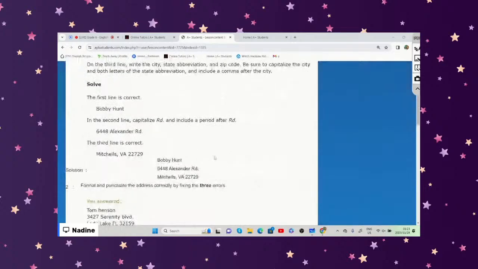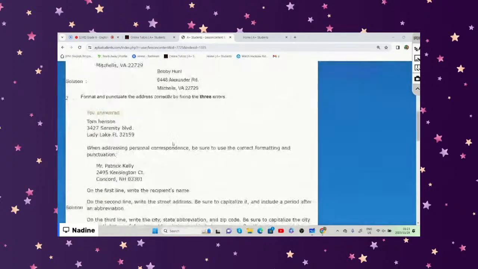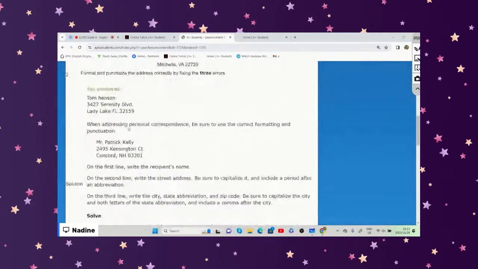All right. Now we need to format and punctuate the address correctly by fixing the three errors. So let's start with who the recipient is, the person that we are addressing the letter to. The person we're addressing the letter to is Tom, capital letter H for Henson. Because remember, someone's name as well as surname starts with a capital letter.